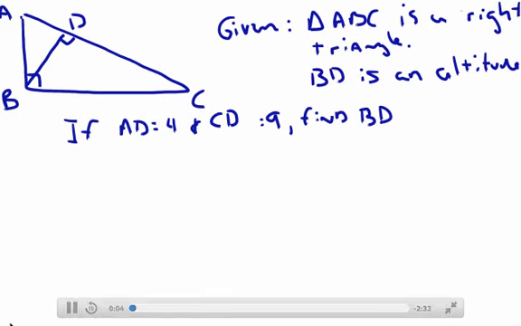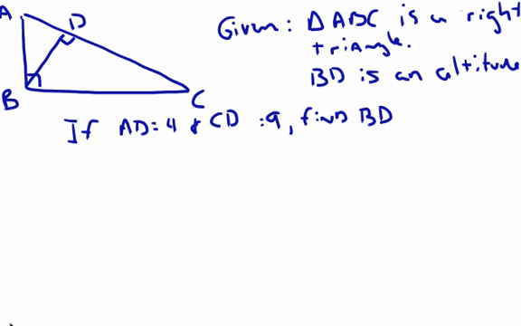Suppose we're given that triangle ABC is a right triangle, and they tell us that BD is an altitude. Well, that's exactly the situation we're talking about. If we knew that AD is 4 and CD was 9, can you find BD?